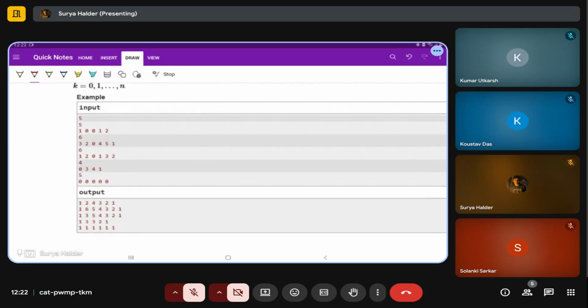For example, see the first array. So one thing is clear for mex, the ordering of the elements in the array does not matter. Correct? Anyone can be present anywhere because I will be taking the entire array only. So for this test case, 0, 0, 1, 1, 2, what is the mex of this array?